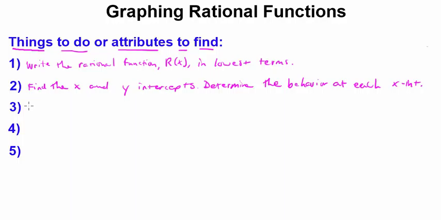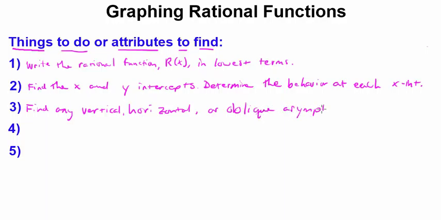The third thing we need to find are any asymptotes. So we need to find any vertical, horizontal, or oblique asymptotes.